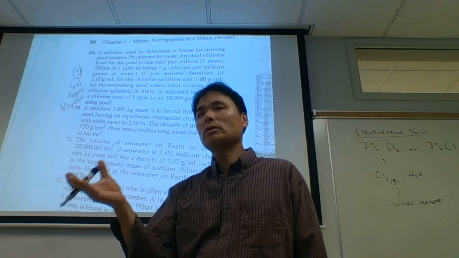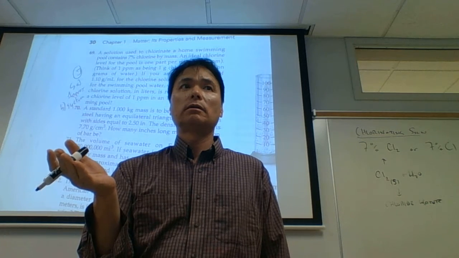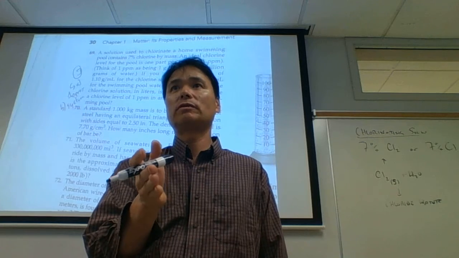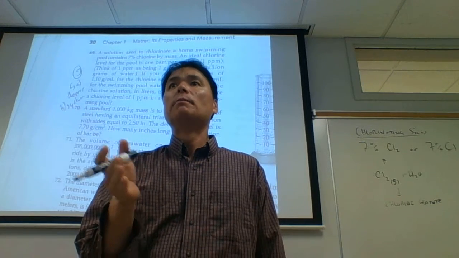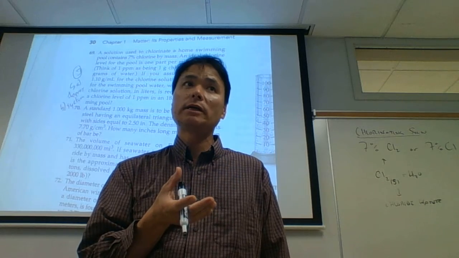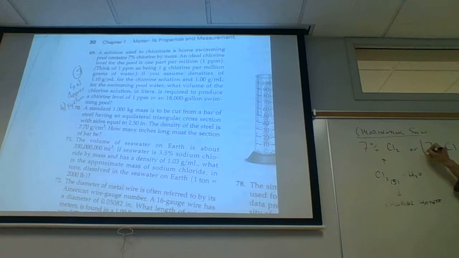It might be pure chlorine. If it's pure chlorine, then we're talking about Cl2. But if it's chlorine contained in a compound, then I don't know what that compound is. And since it's not specified here, all we can say is it's got to have 7% chlorine atoms by mass.